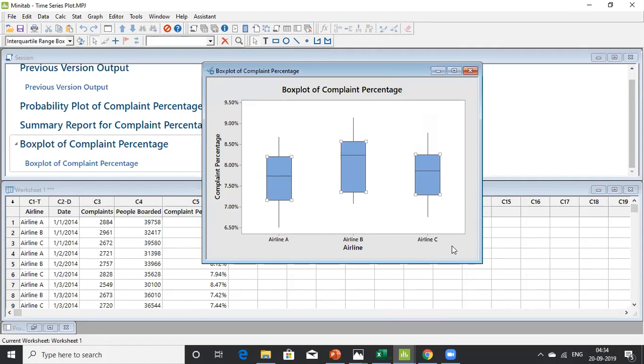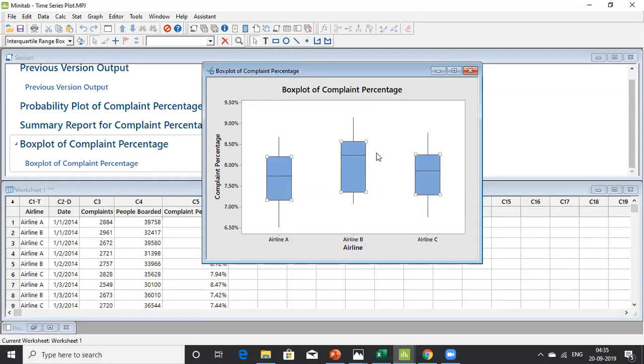So now I have one X, which is airline, and its subvariables are airline A, airline B, and airline C. Now see, there is a difference in the average complaint percentage across these airlines, which means there's a higher complaint percentage for airline B. So I need to really focus on airline B. That's what this particular graph says.